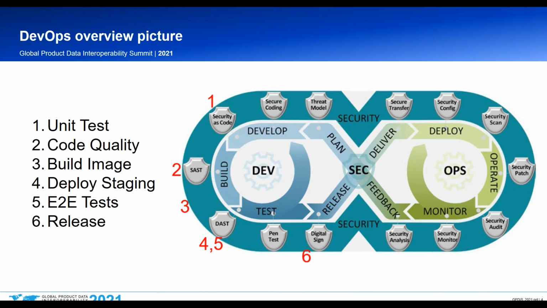The second part, the SAST, we are actually going to be talking about code quality, static code analysis. We'll get into our build image, which is very interesting because we can take a hardened image through development, integration, and deploy it. So then we'll get into deploy staging, end-to-end test, and then finally release.